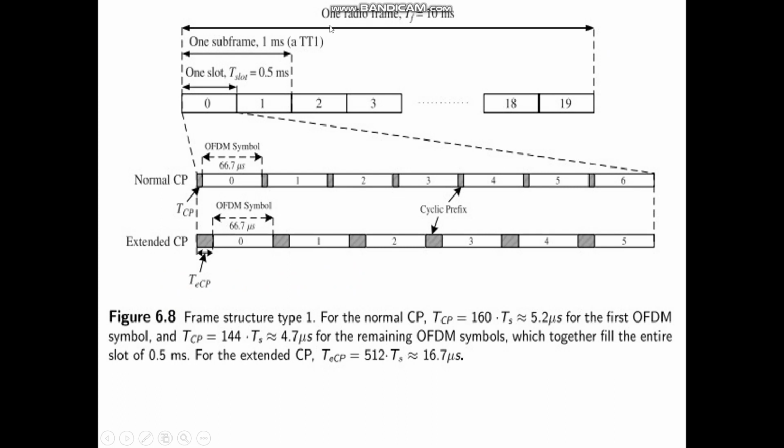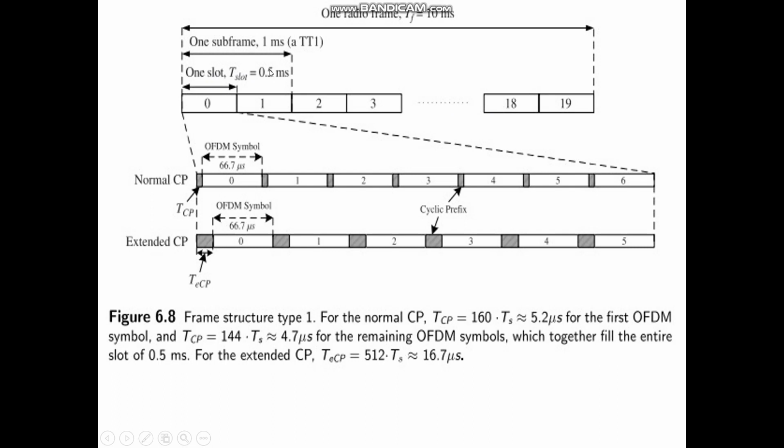So this is the frame structure type 1 for FDD. What you can see is one radio frame duration Tf is equal to 10 millisecond. In that there are 20 slots, numbered 0 to 19. Each slot is of 0.5 millisecond.